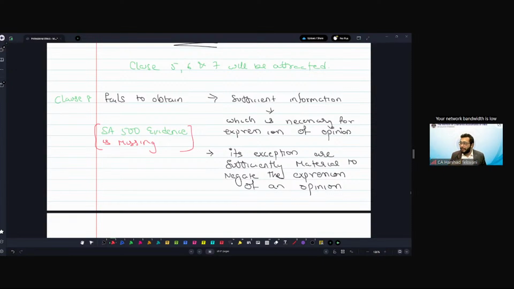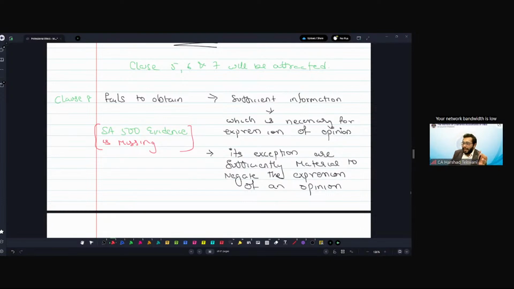Let's say, for example, if there's a multiple departure from any generally accepted audit procedures, which is also where I'm failing to obtain sufficient information. Both are coming together. Yes, 8 and 9 get attracted. Even clause 7 would also be applicable here, being grossly negligent. Yes. And clause 2 will also be applicable because he is certifying.